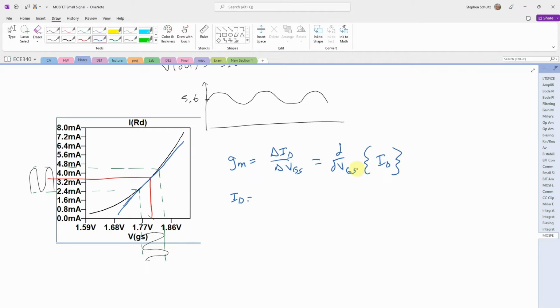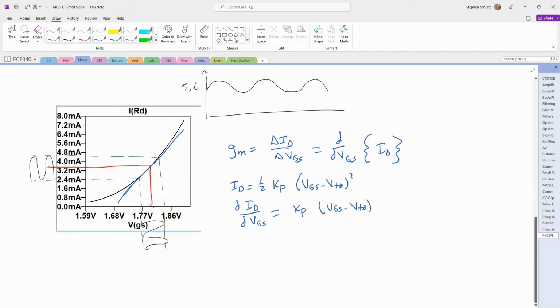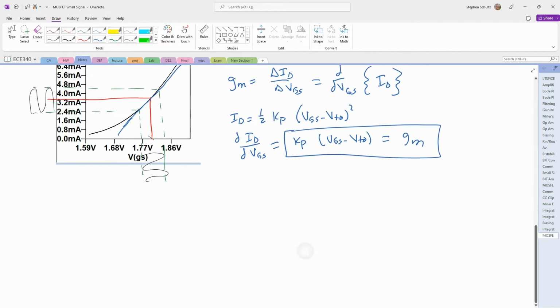So my ID is equal to 1/2 Kp (VGS minus VTO) squared, and I'm going to take the derivative. The derivative of ID with respect to VGS is equal to Kp times (VGS minus VTO). You see that the 2's cancel out and we get that. And this is equal to my gm. So there is the gm that I created.